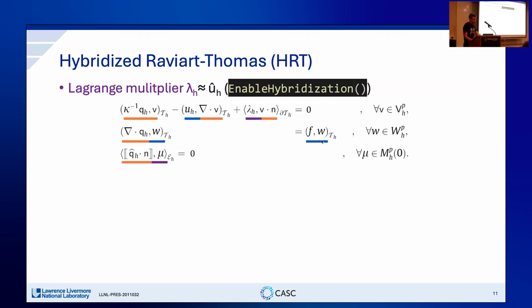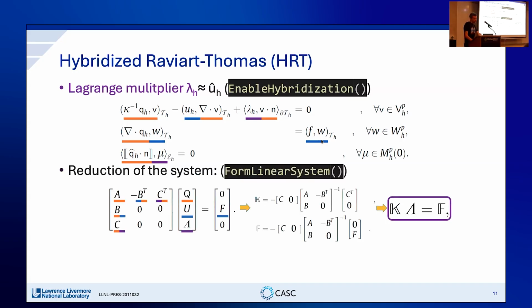And maybe I should point out that we cannot have the convection terms here because we need to restore continuity of the fluxes due to the continuity of Raviart-Thomas elements. So what that means, discretely, is we have some zeros here.